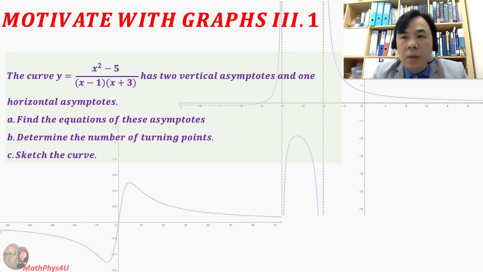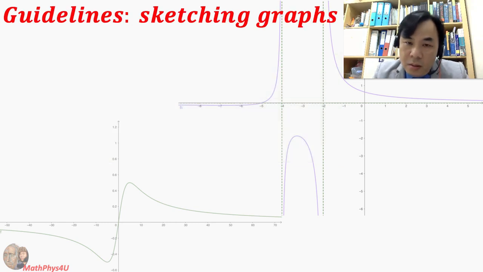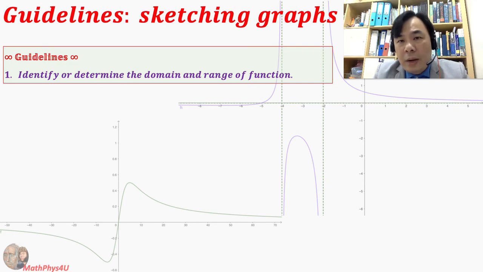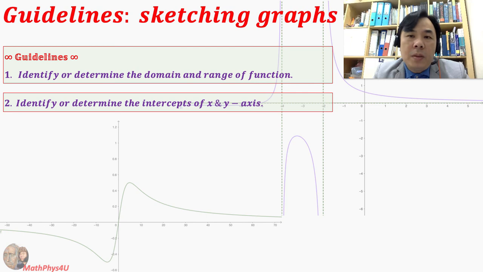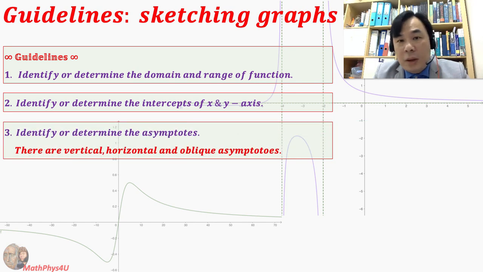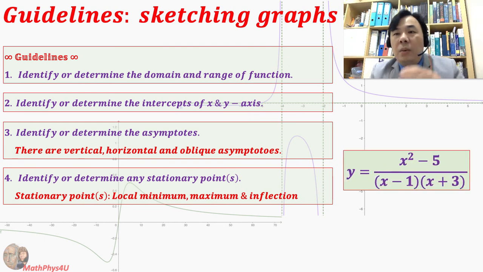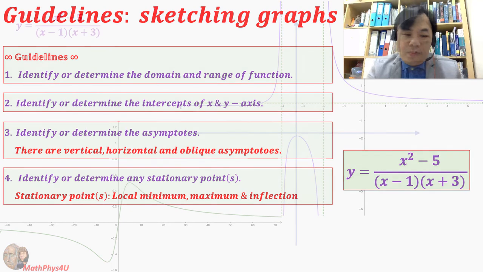We need to find its asymptotes, determine the number of turning points, and then finally sketch the graph. Again, the guidelines: firstly, domain and range if we can identify them, the x and y intercepts, then you would expect the asymptotes, and lastly stationary points. And this is the graph that we're going to sketch shortly.